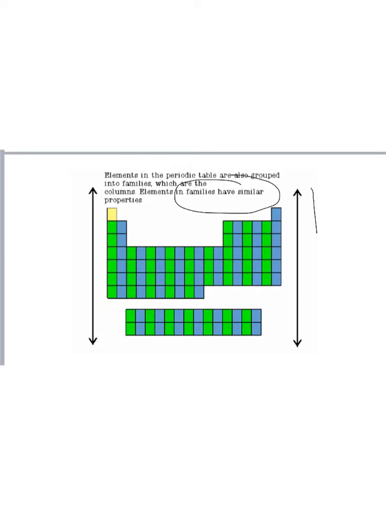We're going to talk a little bit more soon about what these similar properties are, but I kind of want you to just know as we move this way across our periods, we can't say anything about this atom versus this atom or element versus that element. But as we move up and down our columns, we can say some things.